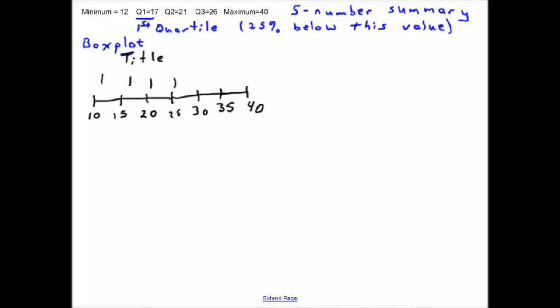And the last one being that 40. The middle part there is what creates the box. And then you arrow out to the ends. It's also referred to in some instances as a box and whisker plot. So that's what would be used for there.